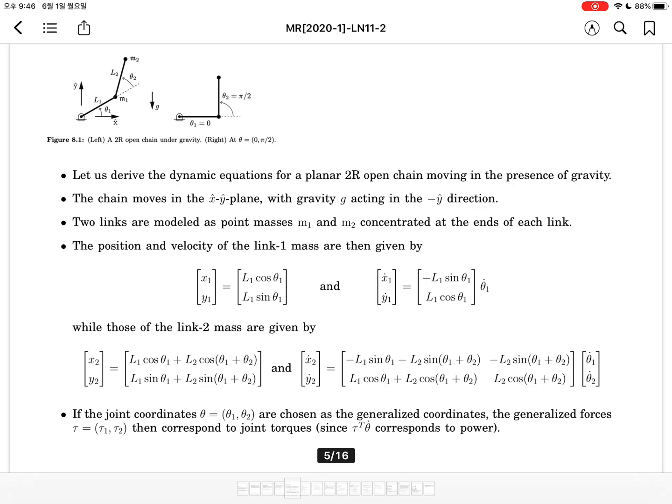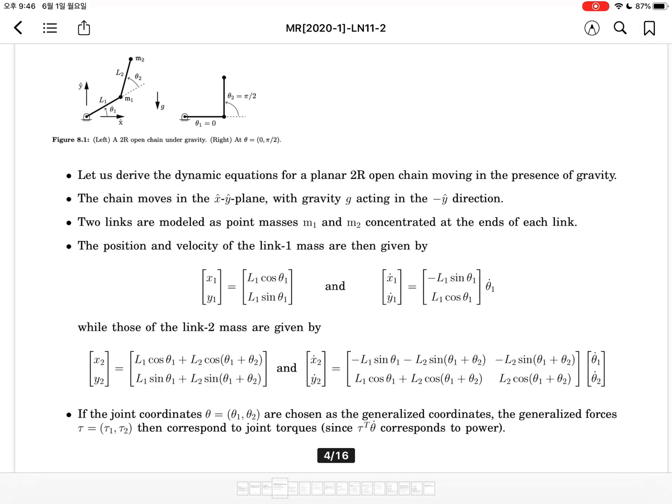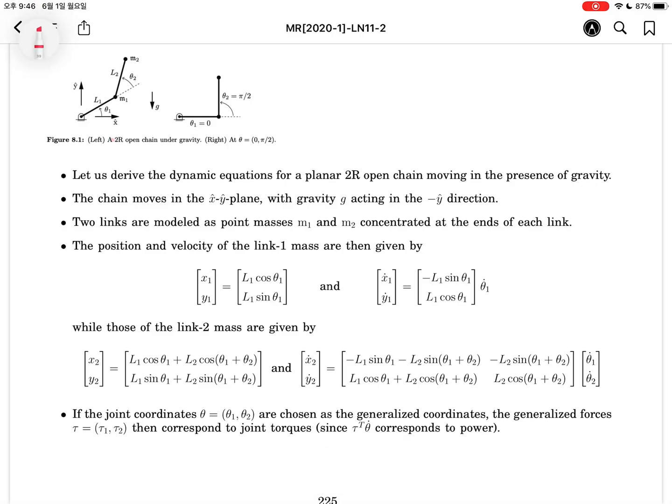Okay, the example is extended to the two-link manipulator. Here is a 2R manipulator: a revolute joint here and a revolute joint here. Let's assume that all the mass is concentrated on the end point of each link, because it makes the problem simple. So mass M1 is concentrated here, mass M2 is concentrated here.